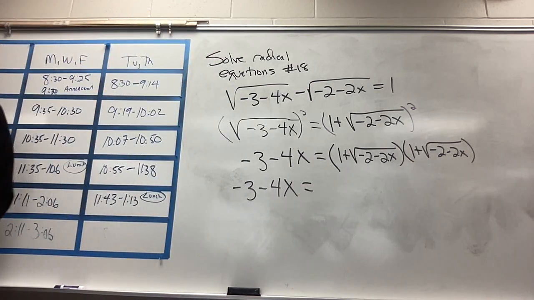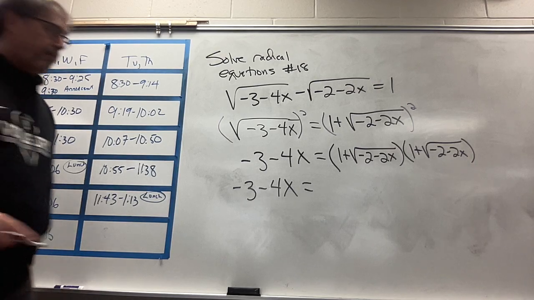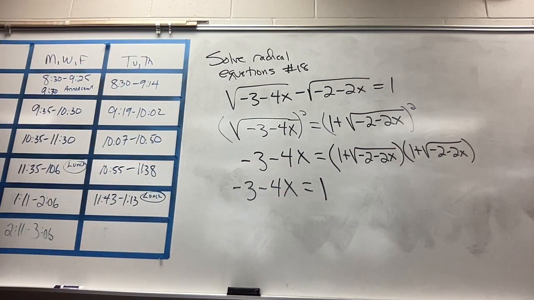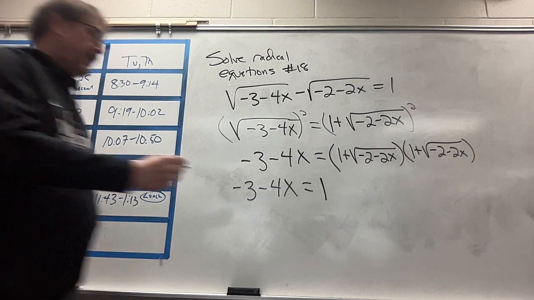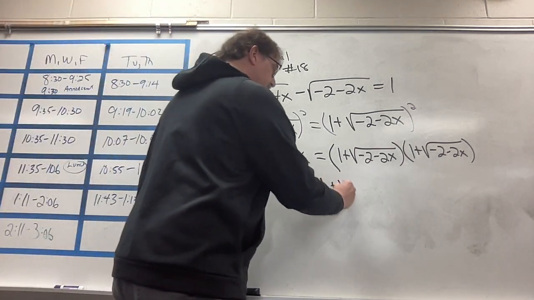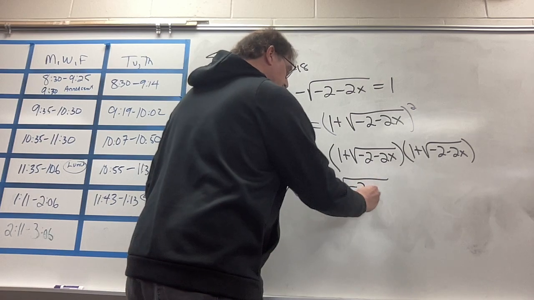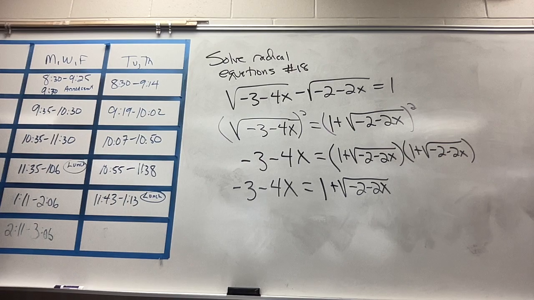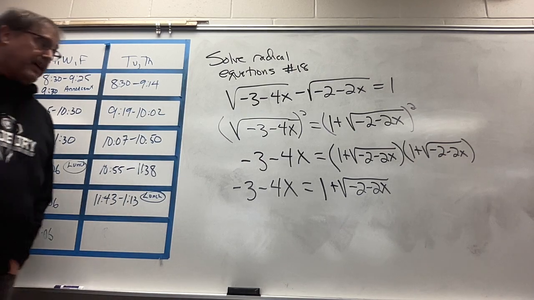This will be the ickiest FOIL you've ever done in your life. First, 1 times 1, no problem. Outside, 1 times square root of negative 2 minus 2x. All right, that doesn't look too bad. Inside, 1 times that.